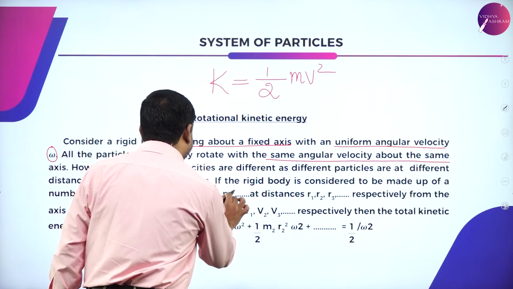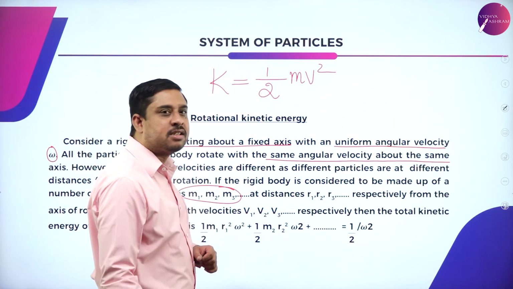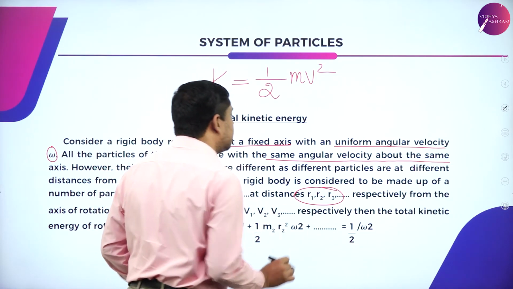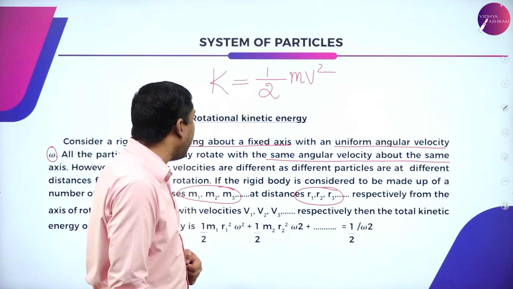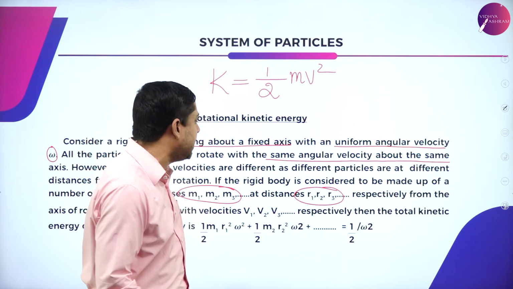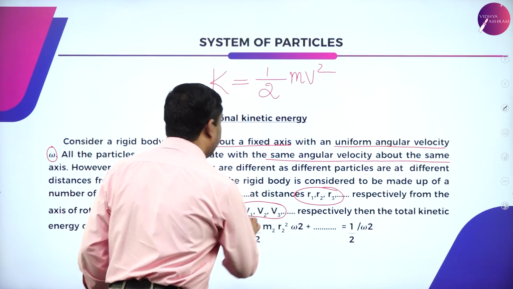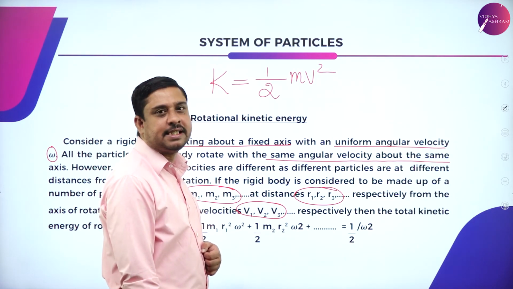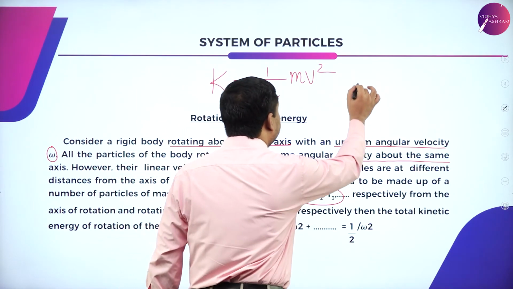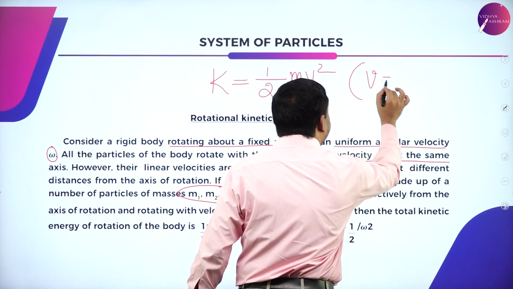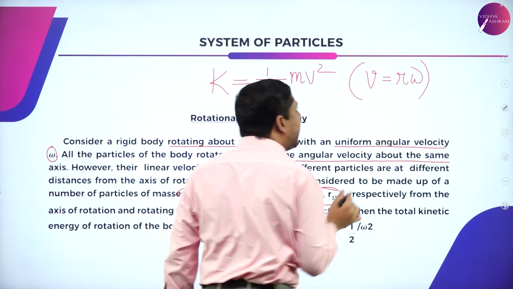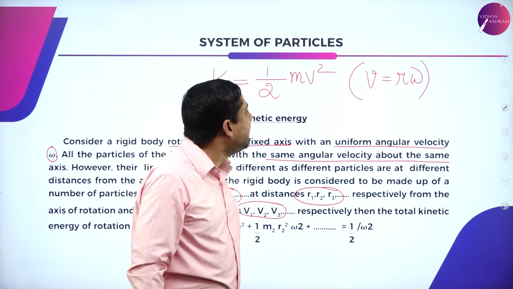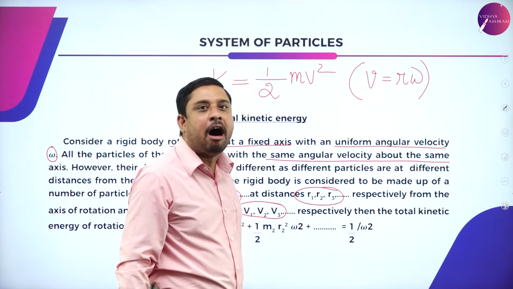So it has a number of particles of mass m1, m2 and m3 at distances r1, r2 and r3 from the axis of rotation, and v1, v2 and v3 are their linear velocities. Now we know that v equals r omega. Linear velocity v is equal to r omega.